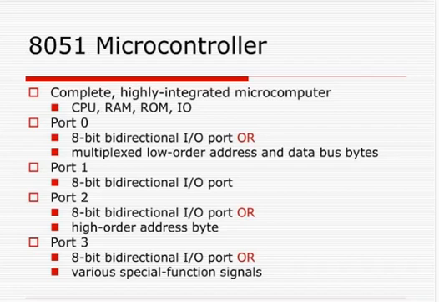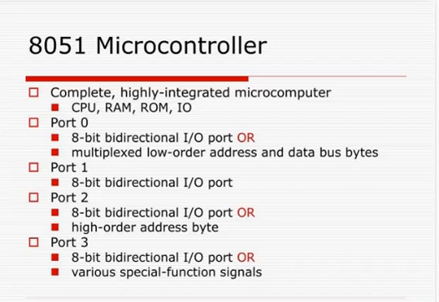It consists of CPU, RAM, ROM, and IO. There are four ports: port 0, port 1, port 2 and port 3. Port 0 is an 8-bit bidirectional IO port or multiplexed lower order address and data bus bytes.